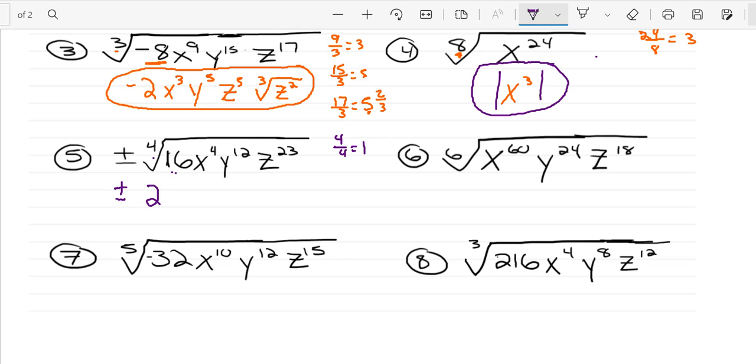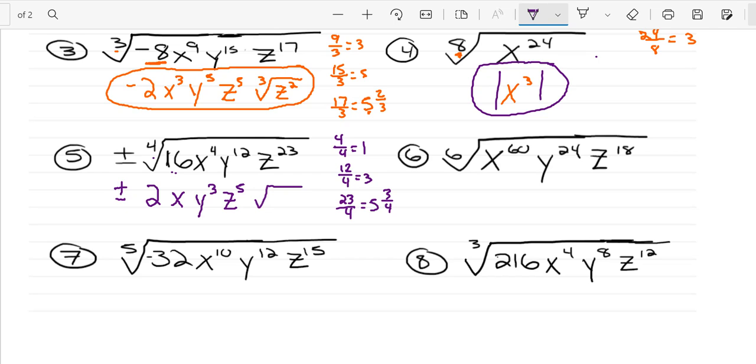Divided by 4 is 1. That's going to be x to the first. 12 divided by 4 is 3. So that's going to be y to the third. And 23 divided by 4. Again, this time it's not going to go in evenly. It'll go in 5 times. And there's 3 left over. So 5 3/4. So that'll be z to the fifth on the outside.